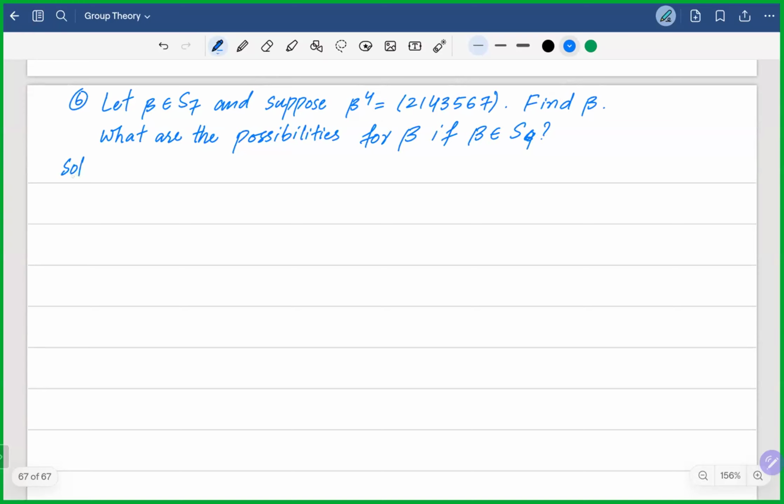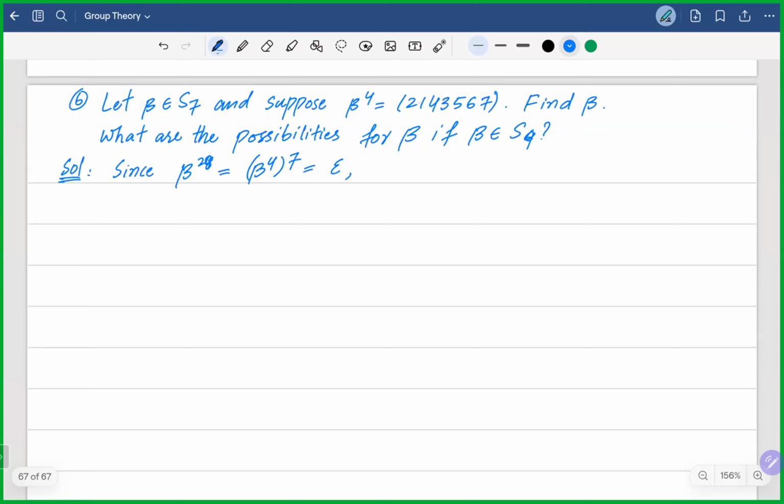Solution. So we know that since beta power 28 is equal to beta power 4 power 7, it is going to be the identity permutation.